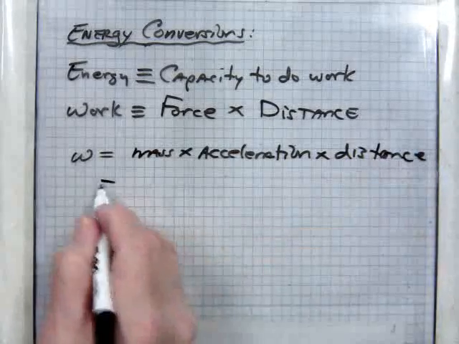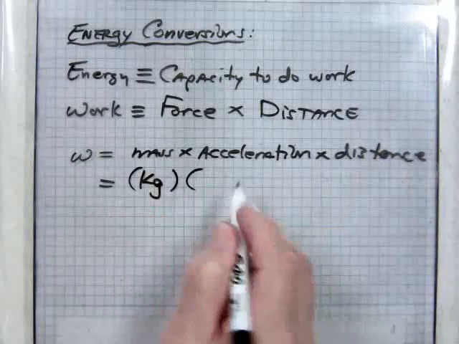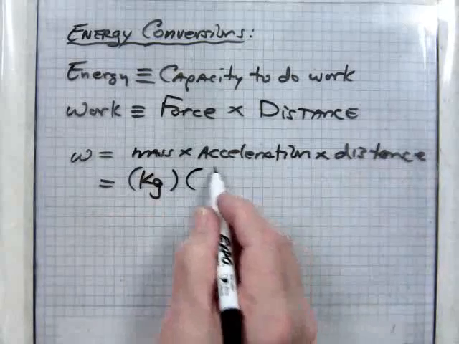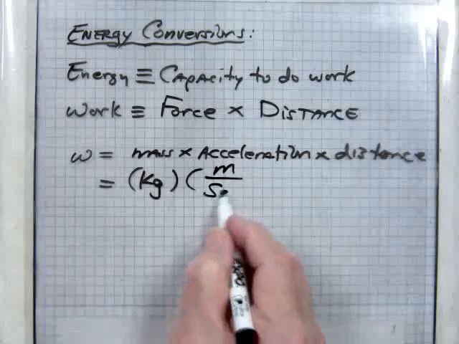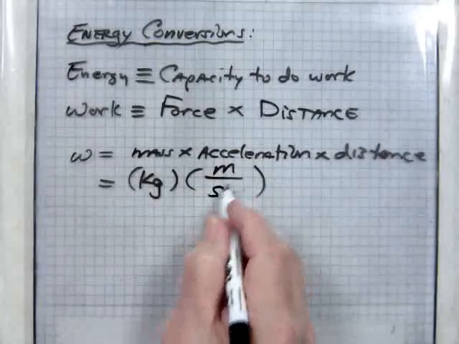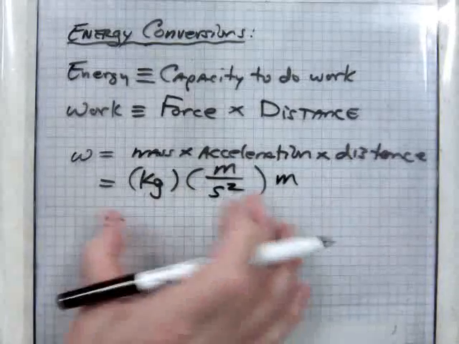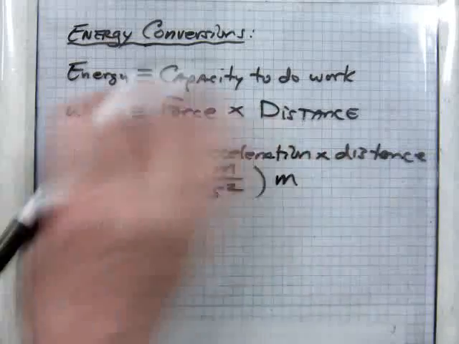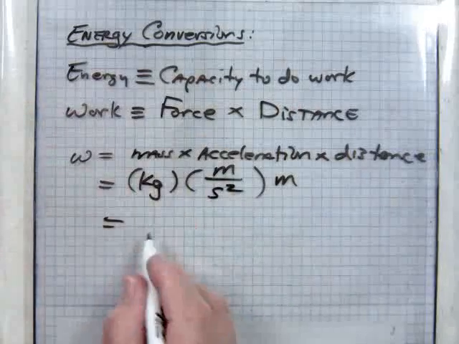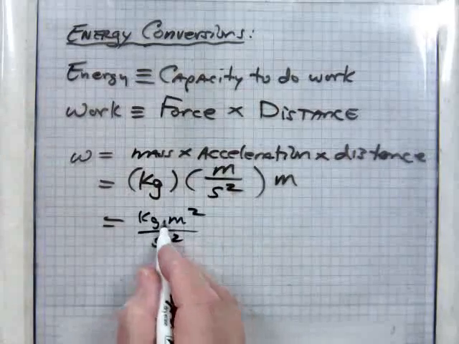So putting in the units, we have kilograms for mass. Acceleration is meters per second squared, and distance again is meters. So when we combine these units from the definition of energy, work, we have kilogram meters squared over second squared.